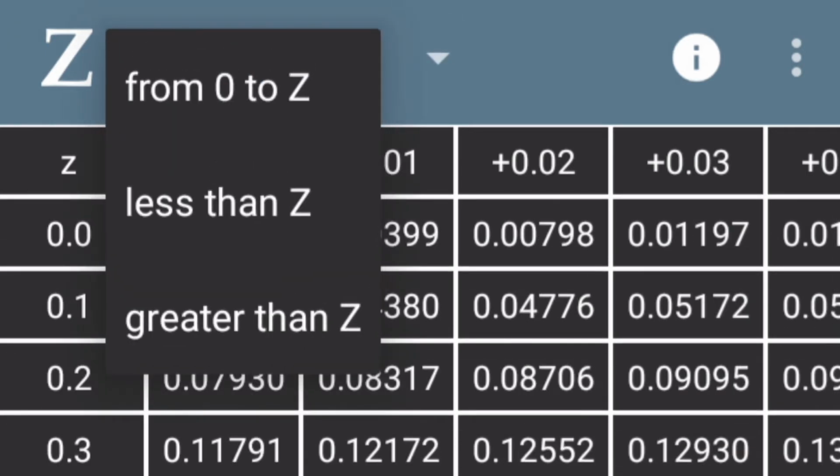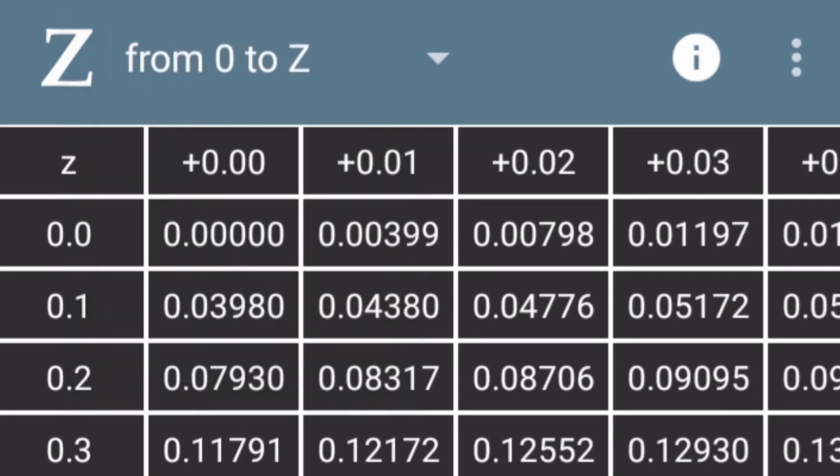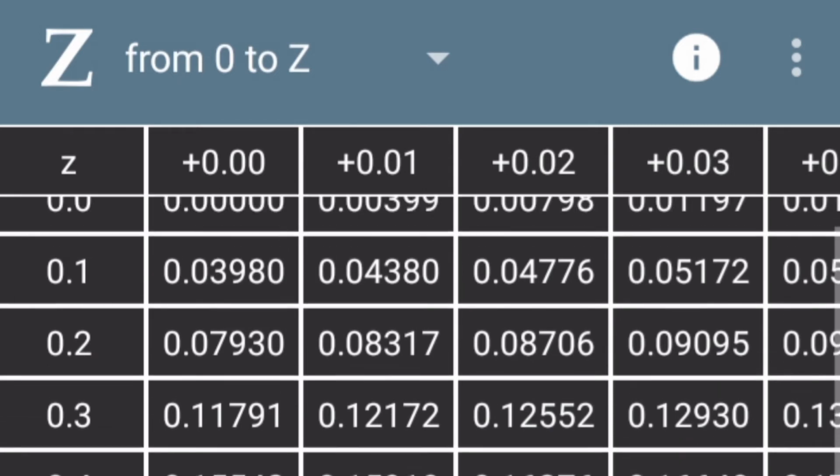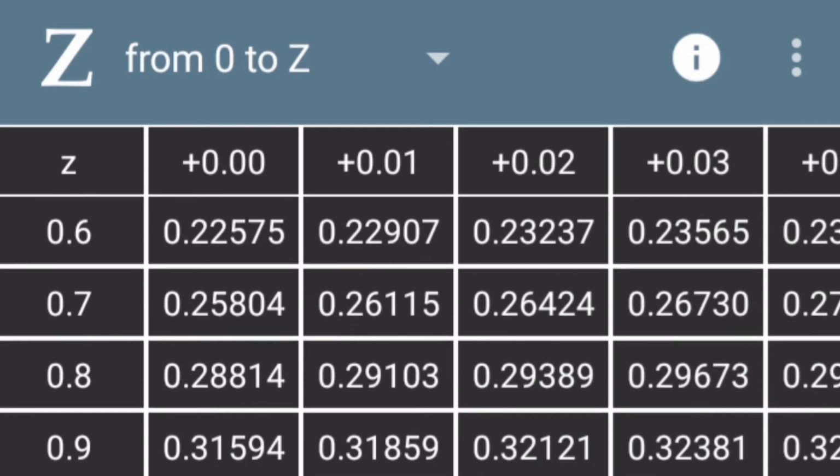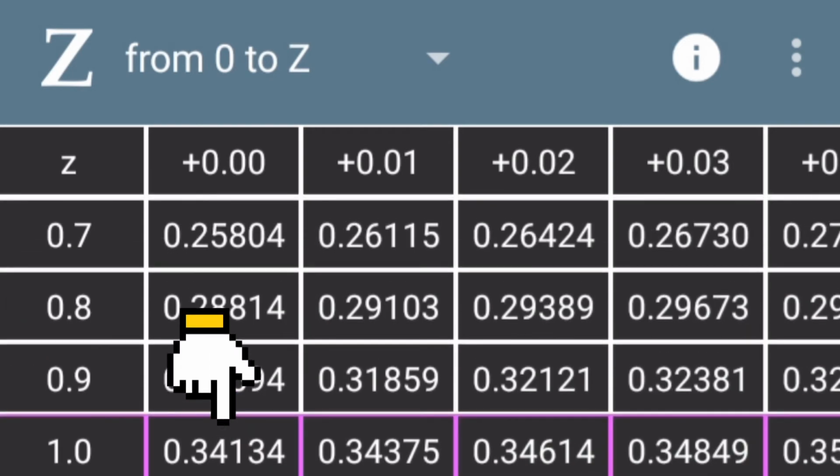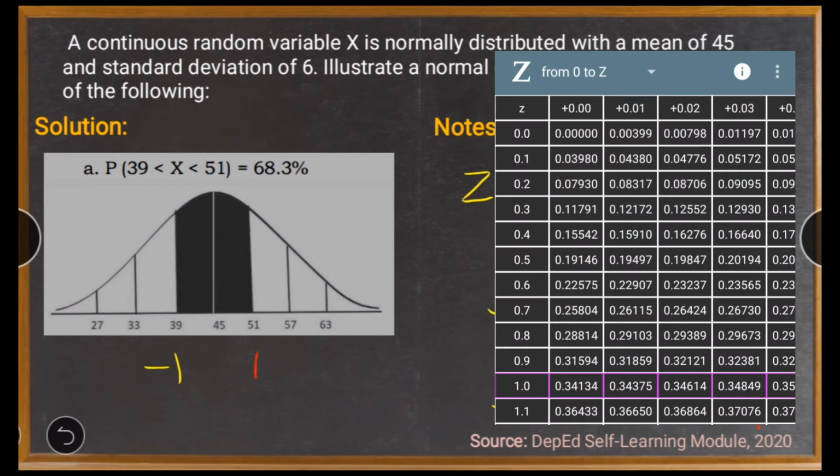And we have options here: from 0 to Z, less than Z, and greater than Z. Given the problem, for us to easily answer, we can make use of from 0 to Z. And since we have positive 1 and negative 1, we have positive 1 here. So we can use this. Considering the Z table, we have the area.